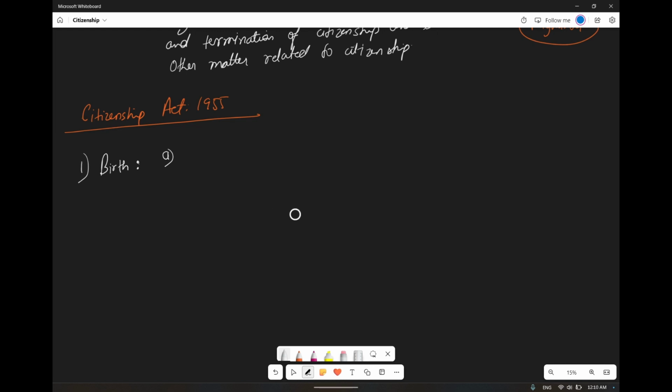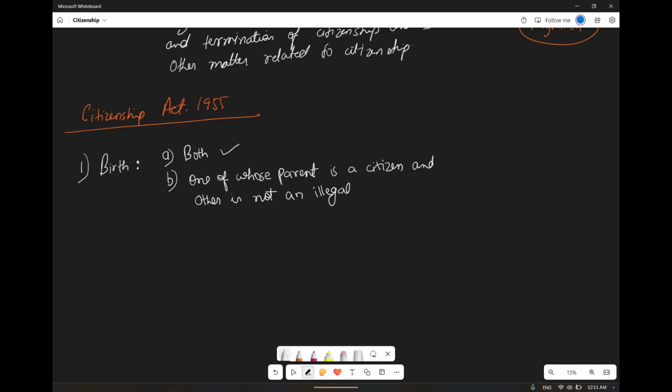Okay, so both parents are citizens of India, or one of whose parents is a citizen and the other is not an illegal immigrant at the time of her or his birth.